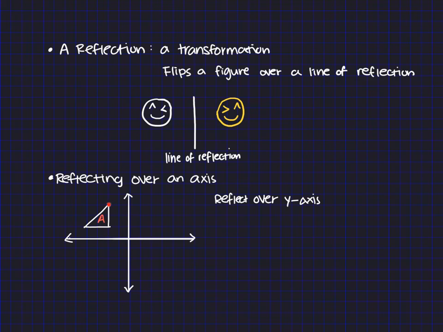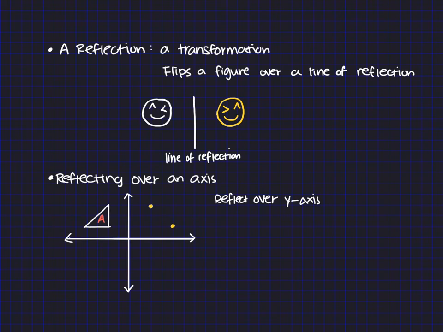So let's see, for this one on the top, I'm going to have 2 units away from the y-axis, so I have to go 2 units to this point to create my other point. Same thing for the other one. My furthest one is going to be 1, 2, 3, 4 units away, so I have to make sure it's 1, 2, 3, 4 units away as my second.